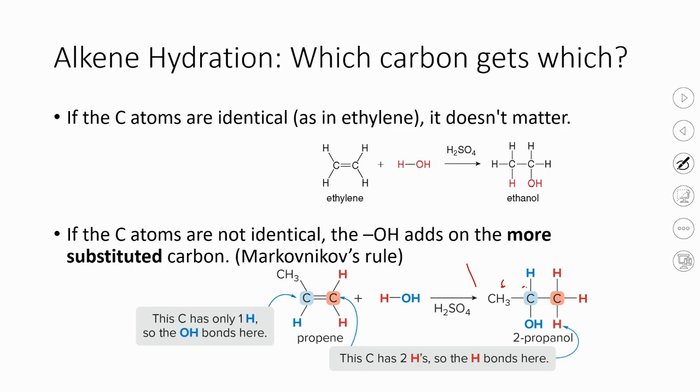If you're interested in learning more about what is actually going on, where the electrons are moving, you would learn that in organic chemistry. We're not going to talk about that. But yes, this carbon is going to get the OH group, and the less substituted carbon is going to just get the hydrogen. Okay.